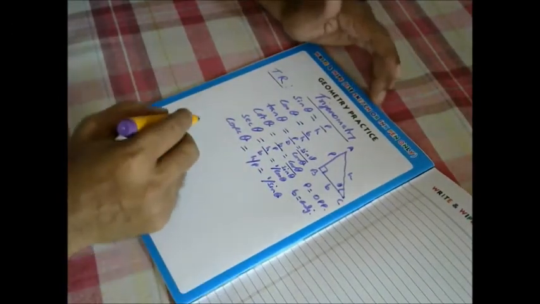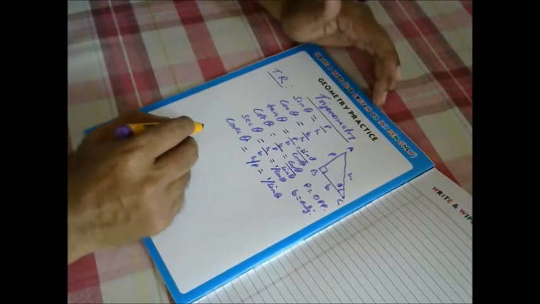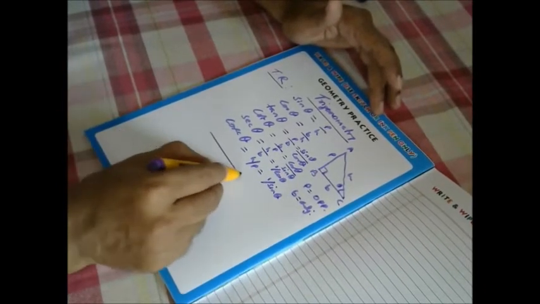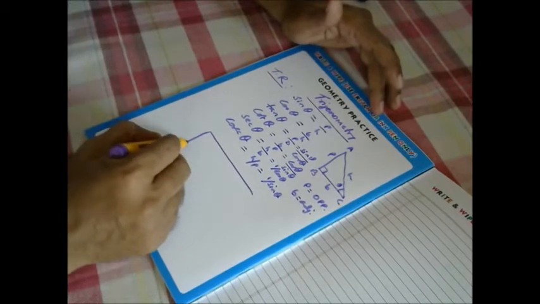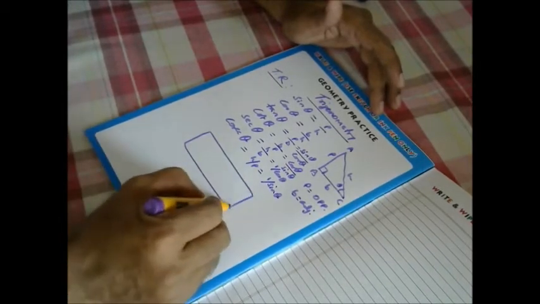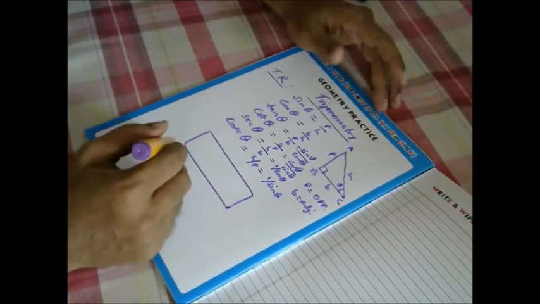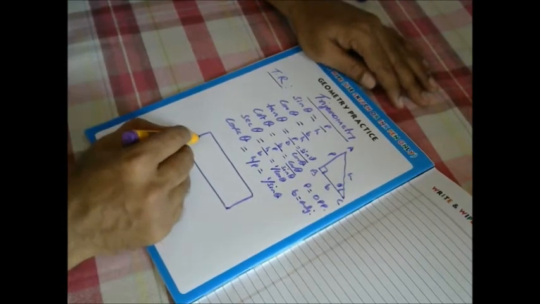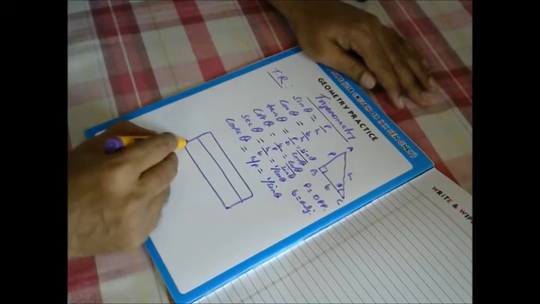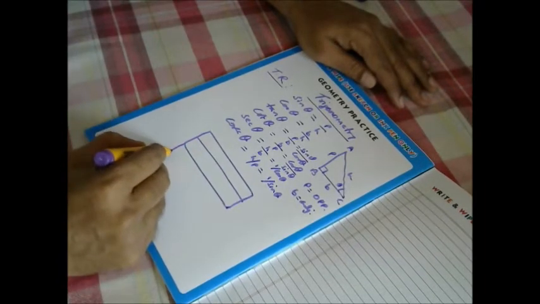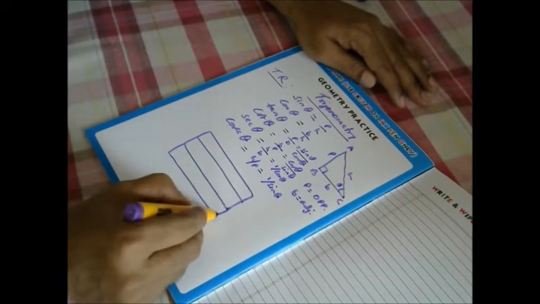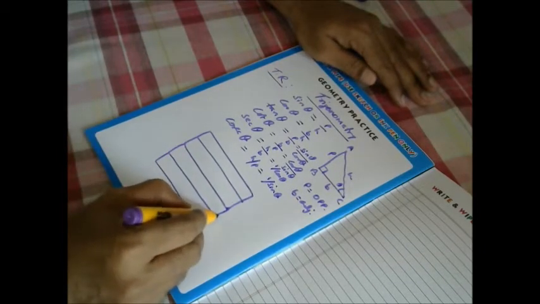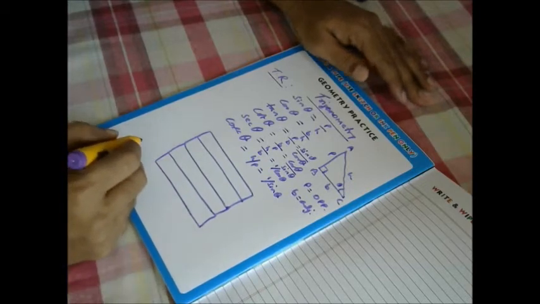Then what we can do is make a table, like this, with columns 1, 2, 3, and this one as 4.